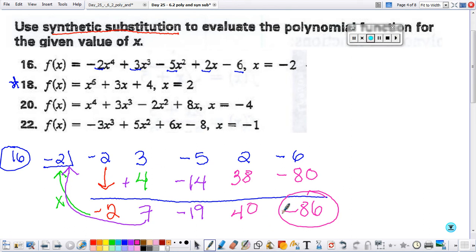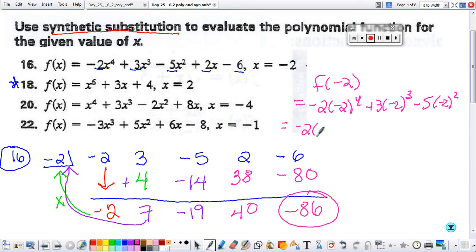See how much easier that was? Now don't do this, just watch. If I substitute a negative 2 to all of these, if I do direct substitution, this is so annoying. We've got negative 2 to the 4th plus 3 times negative 2 cubed minus 5 times negative 2 squared. And the rest of it I would plug it in. So then that's going to give us negative 2 times 16 plus 3 times negative 8 minus 5 times 4.